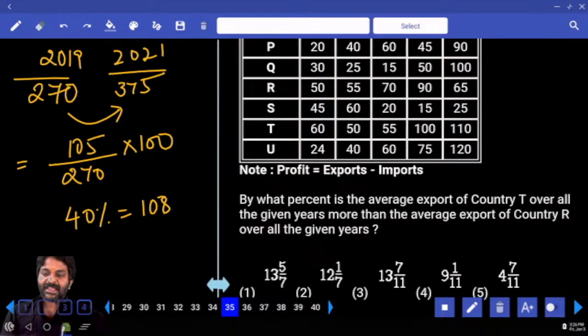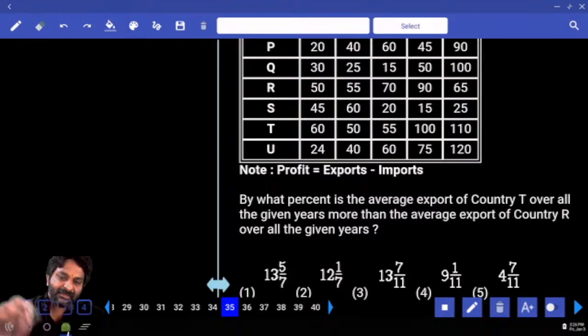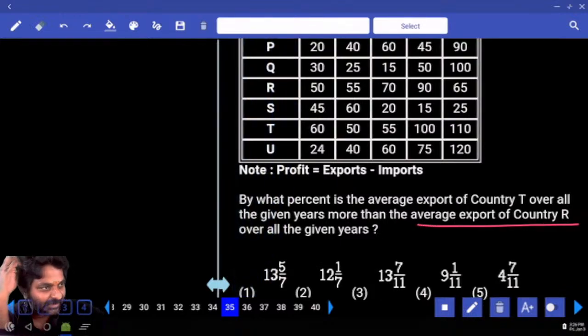By what percent is the average export of country T overall in the given years more than the average exports of country R overall in the given years? So first of all, we have to identify the average exports for country R over all the years, correct?